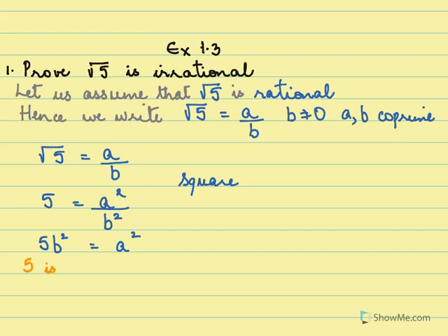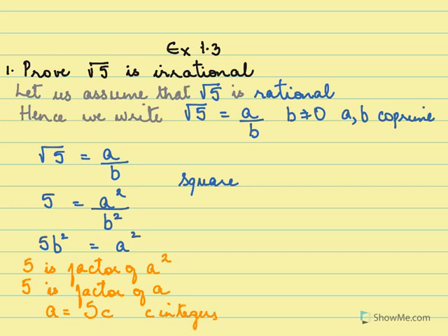In the next part, we can say 5 is a factor of a square. 5 is a factor of a. A can be written as 5 into c, where c is any integer. Now we go to this equation 1.